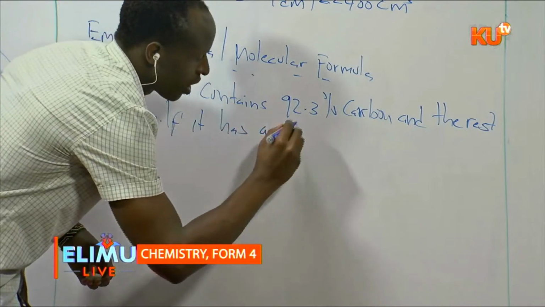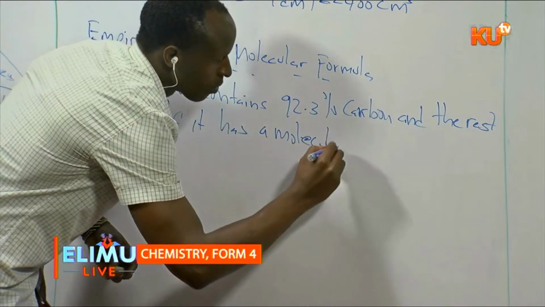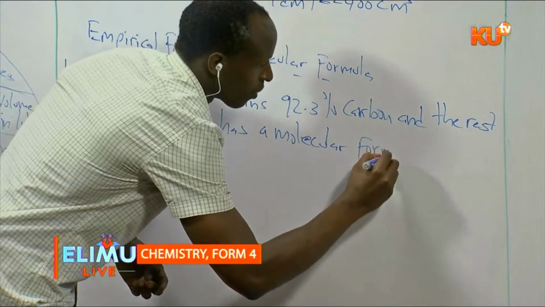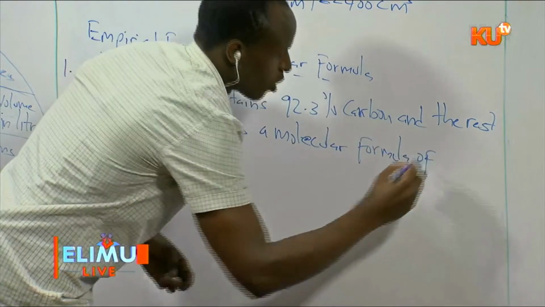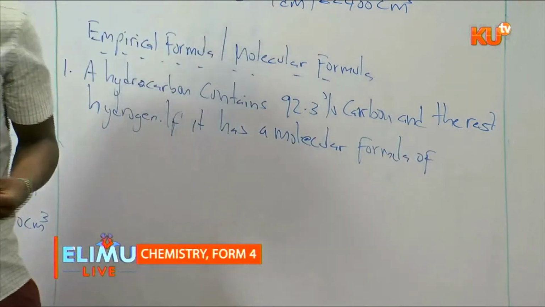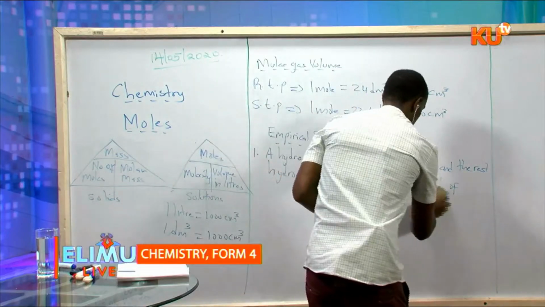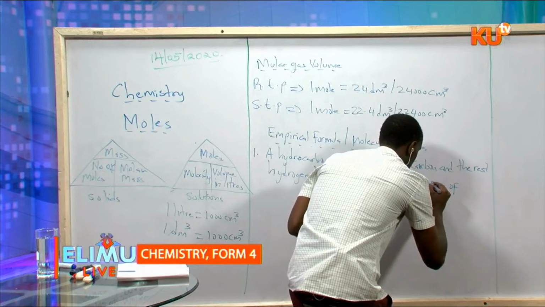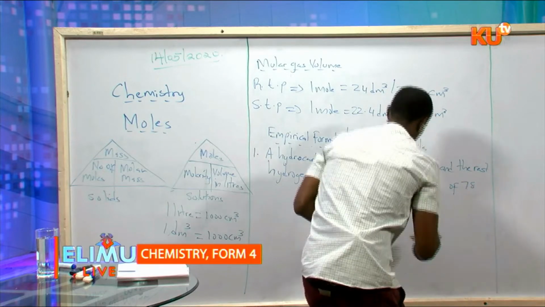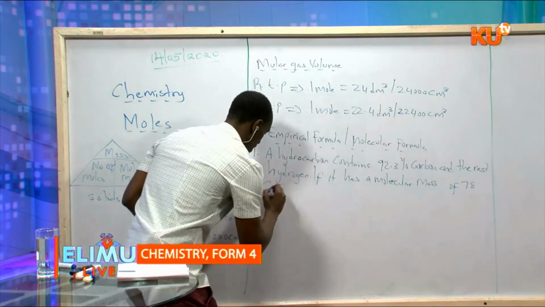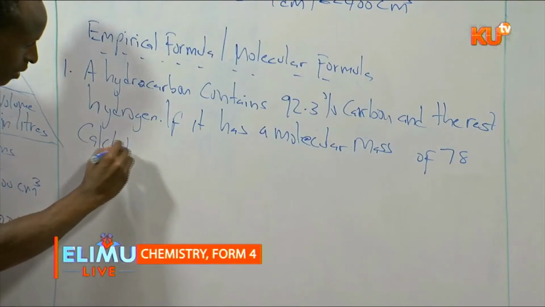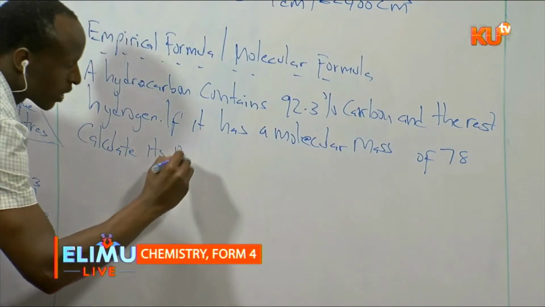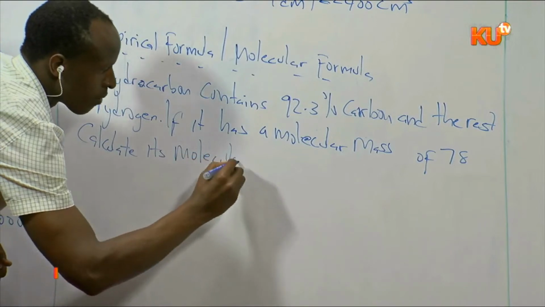If it has a molecular mass of 78, calculate its molecular formula. Molecular formula is what we are supposed to calculate.